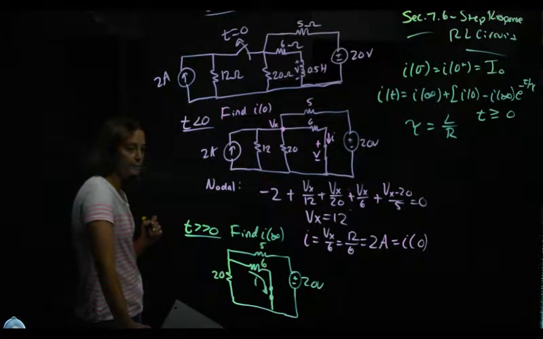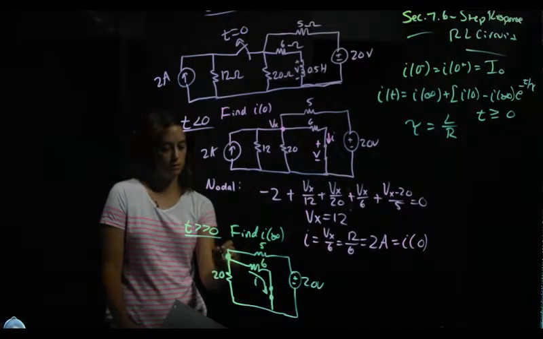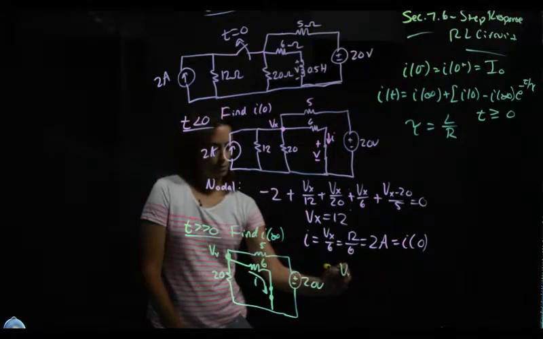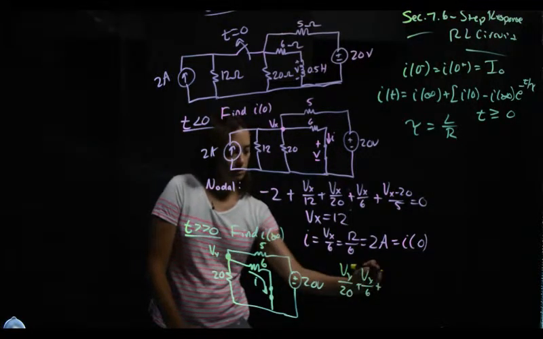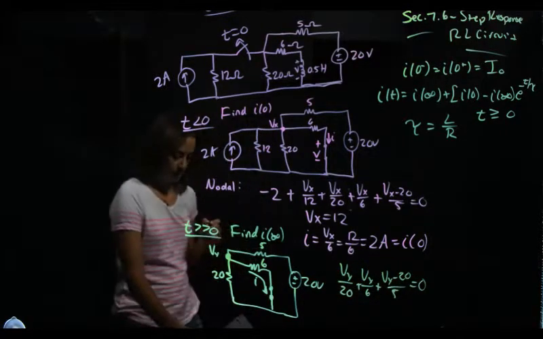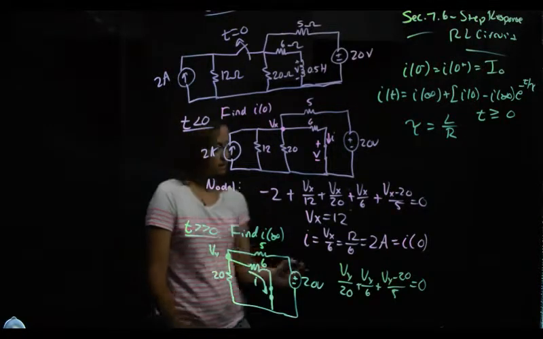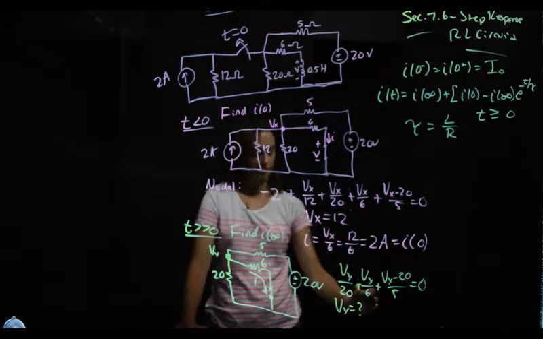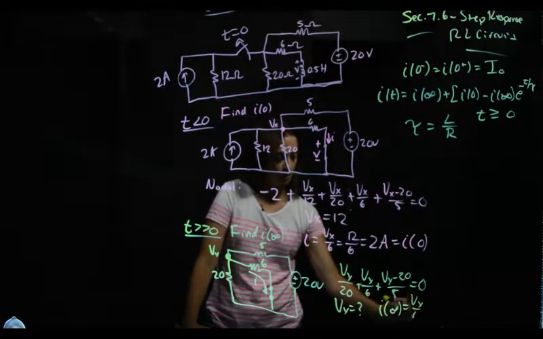What do you want to do? Nodal makes sense again, right? Calling this node Vy, we have Vy over 20 plus Vy over 6 plus Vy minus 20 over 5 equals 0. Unfortunately, I don't believe I have worked that number out on here. So Vy equals something, and then my I of infinity is Vy over 6.